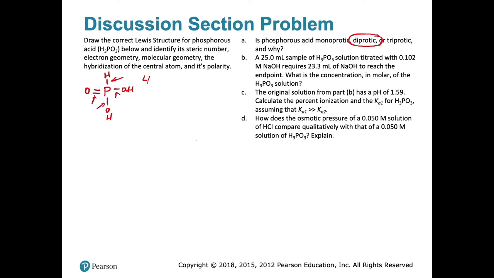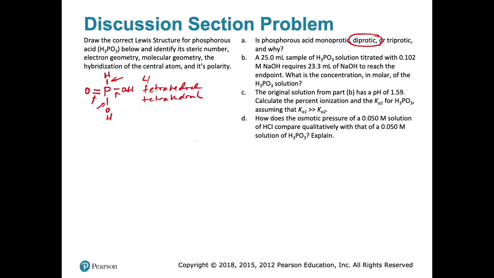And when you have a steric number of 4 electron domains and no lone pairs, that means electron geometry and molecular geometry is going to be what? Tetrahedral. Right? Both are going to be tetrahedral.